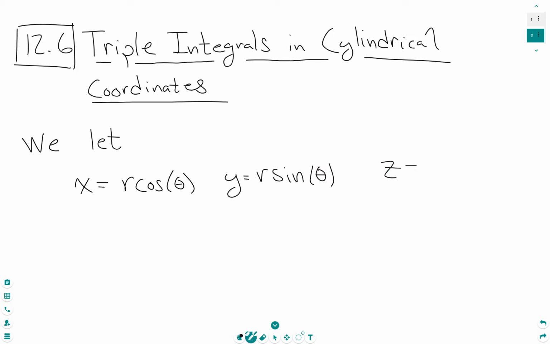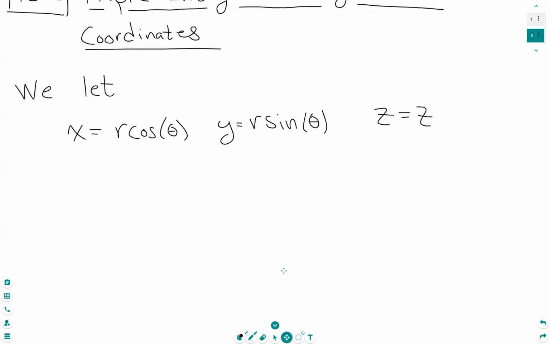And then we have that z is equal to z. Right? So these first two are what we've typically used for polar coordinates. But now the elevation, or this thing in the z direction, is just the same as its Cartesian counterpart. It's just equal to z. This kind of extends the idea of polar coordinates into R3.